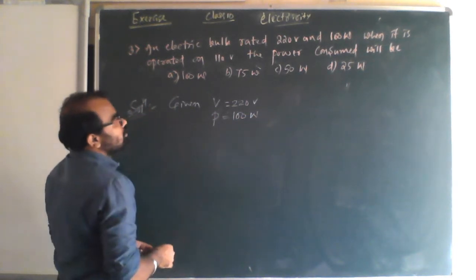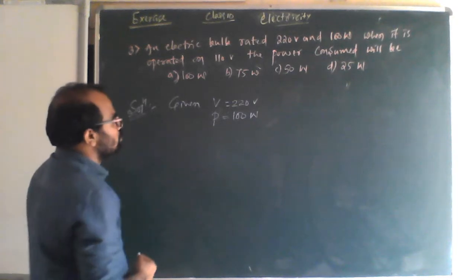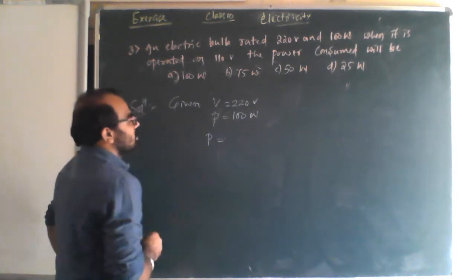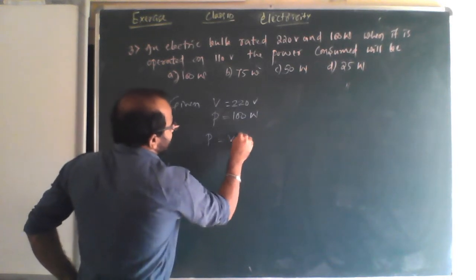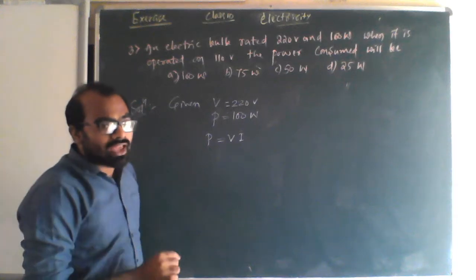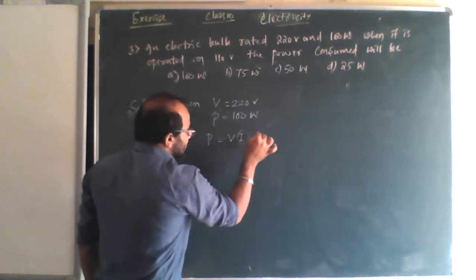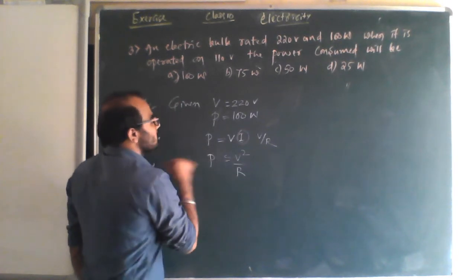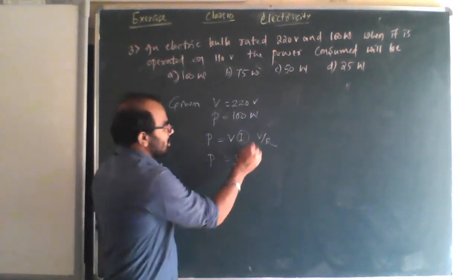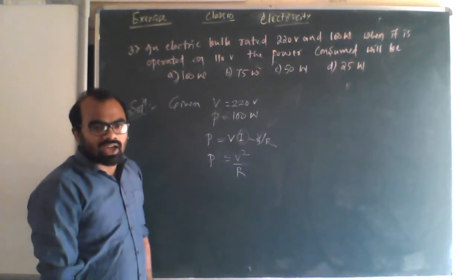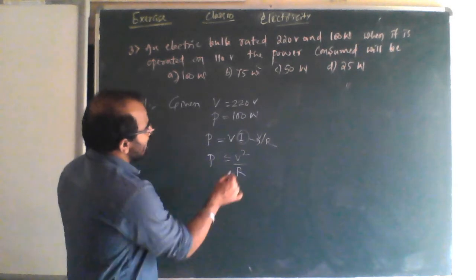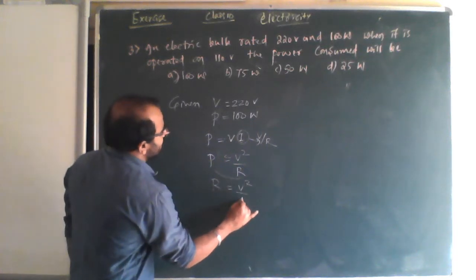So we know that P equal to VI, and instead of I I can put V by R. So the formula is P equal to V square by R. In place of I we put V by R, so V square by R. I want R, so I will keep R this side: R equals V square by P.